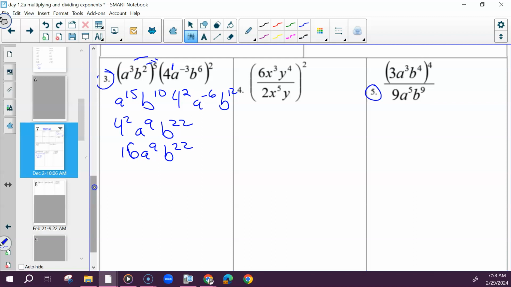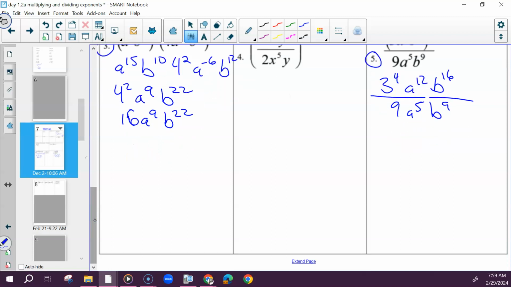Deal with that first because we can't divide with the parentheses still there. So we have 3 to the 4th, a to the 12th, b to the 16, all over 9a to the 5th, b to the 9th. And then we're doing what? Dividing what?